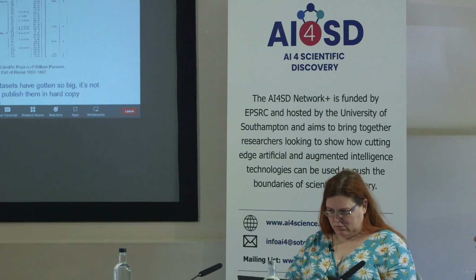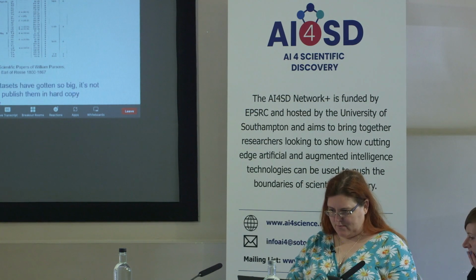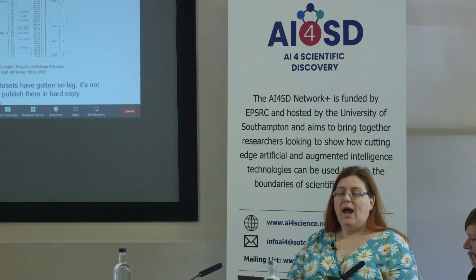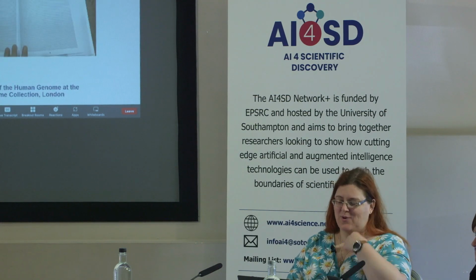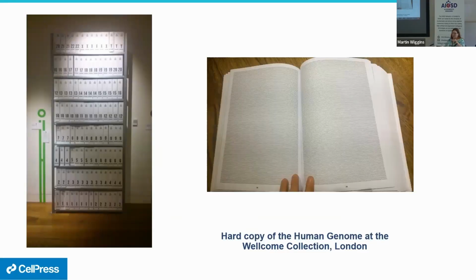Next slide. There we go. Data sets have gotten a lot bigger. I love this picture. Unfortunately, the Wellcome Trust don't have this on display anymore, but this is a hard copy of the human genome. That bookcase is taller than I am, and the books are very heavy, and they are written in very, very small writing.